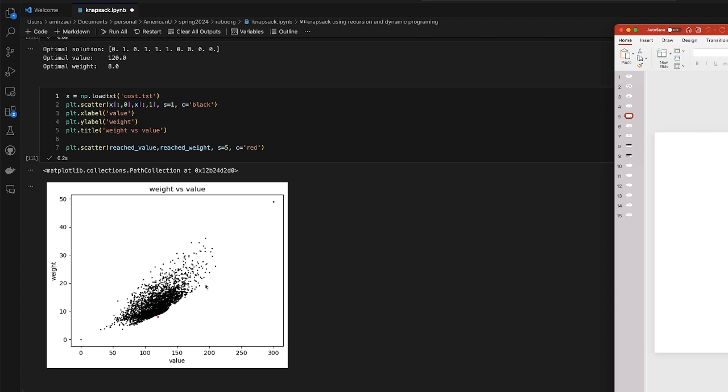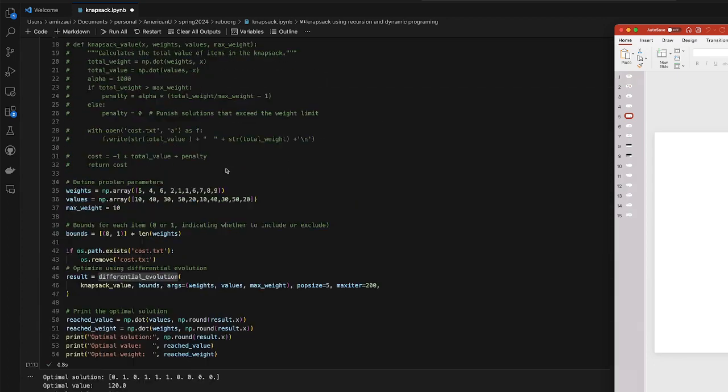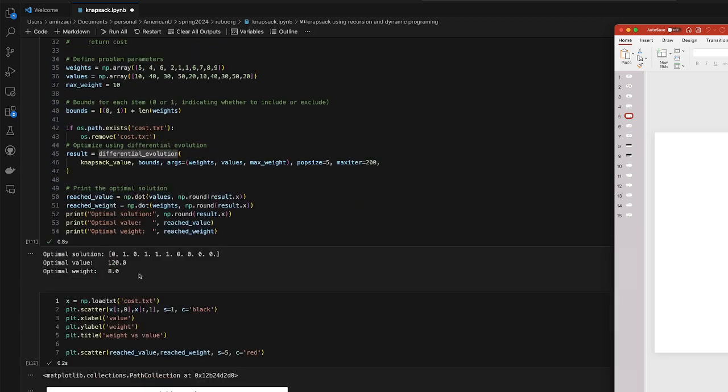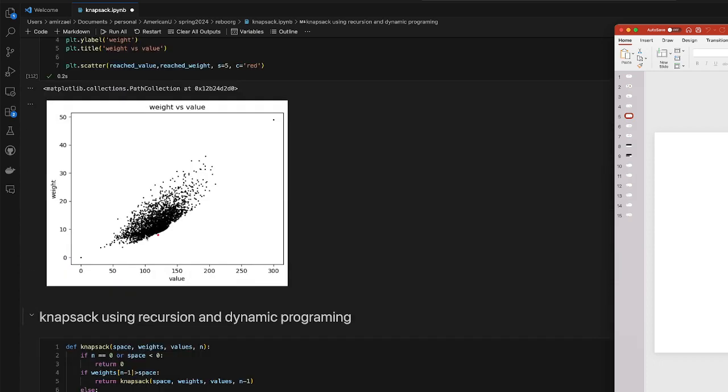So this forms this Pareto frontier, where all of these dots are different value and weight combinations. During all of the iterations that happen in differential evolution, it will generate and evaluate different combinations, each with its own associated value and weight.